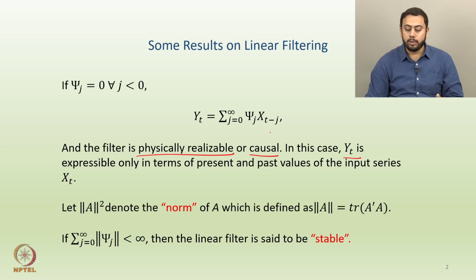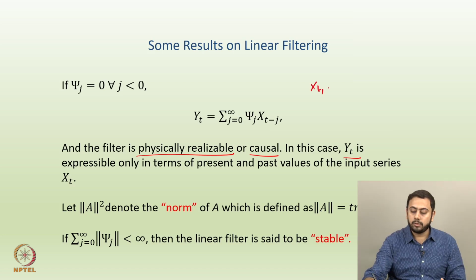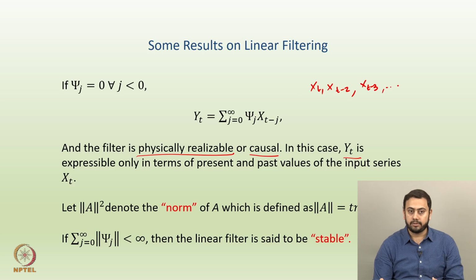Then if you put j to be 1, this becomes x t minus 1, then x t minus 2 and so on. So essentially the values which y t depends on are nothing but the current value of x t or its past values, but not the future values. So y t is expressible only in terms of present and past values of the input series x t.